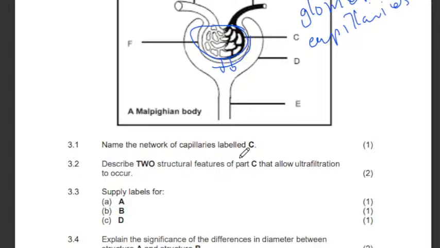Amina is asking me a question about grade 12, about the skin. Okay, let me answer you now so that you get a chance. About the skin, you just need to know how to label those parts: the sweat gland, the sweat duct, the capillaries, the sweat pore, and the sweat.